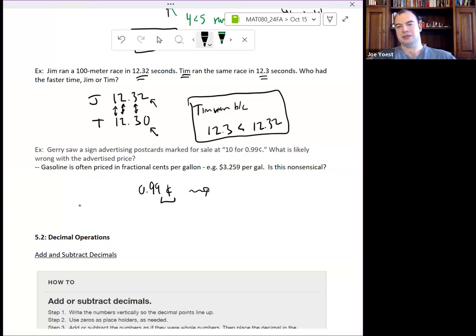Probably what they mean is 99 cents, or 99 hundredths of a dollar, 0.99 dollars. I don't know why we write cents to the right and dollars to the left, but it is what it is.